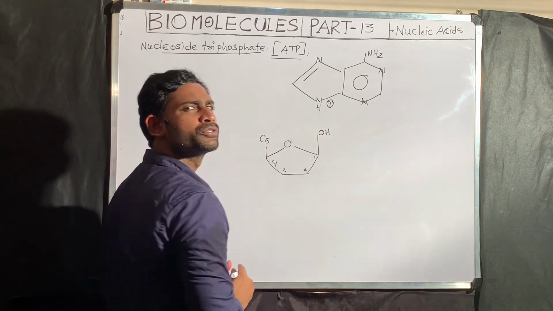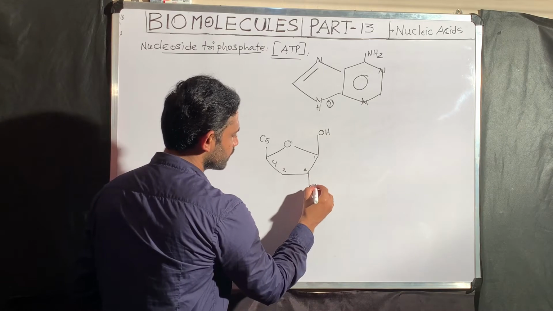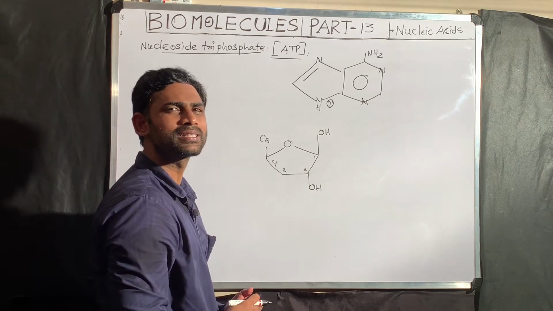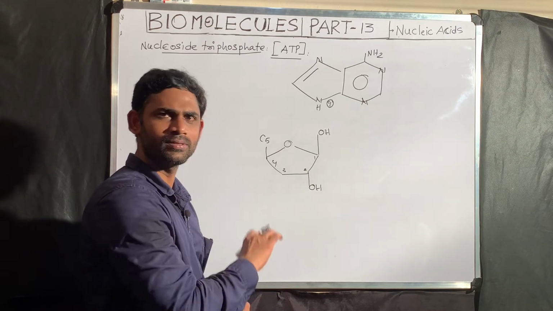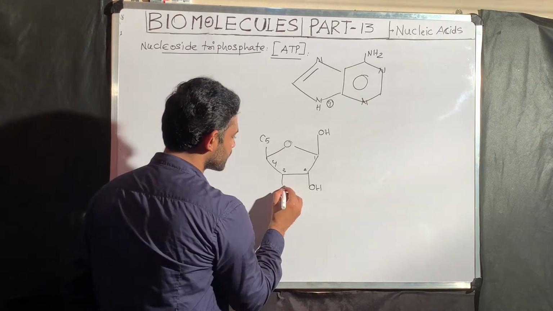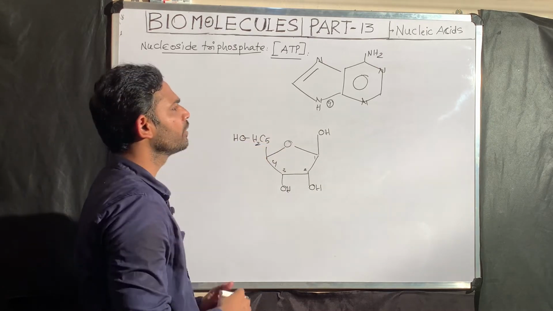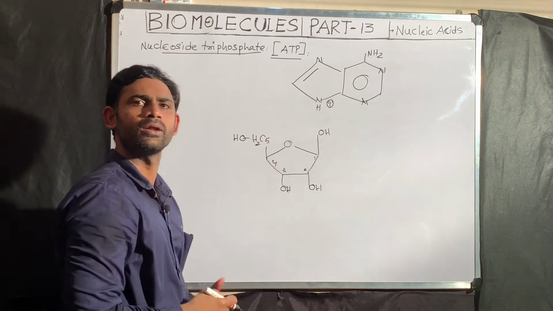Beta anomer. The OH group is upside. When you see this OH group, immediately you need to understand that it is RNA, that is ribose and RNA. Next, CH2OH.